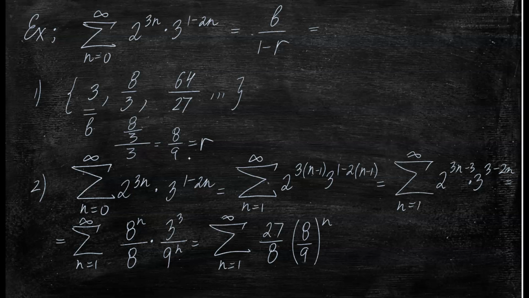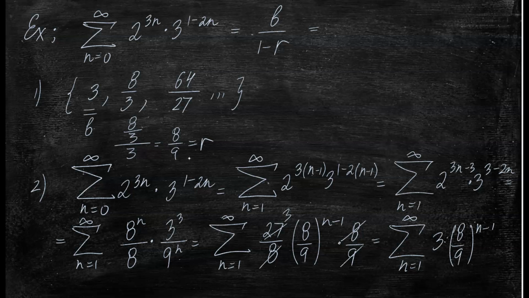But remember, we need this to be n minus 1. And we can easily make that n minus 1 by multiplying everything by 8/9. And things work out nicely here, right? So we end up with the sum, n goes from 1 to infinity, 3 times (8/9) to the power n minus 1.